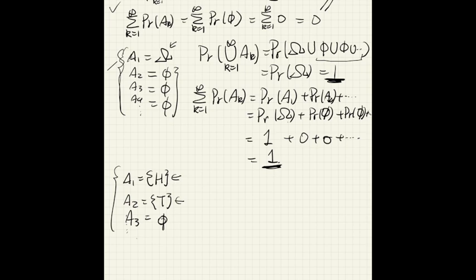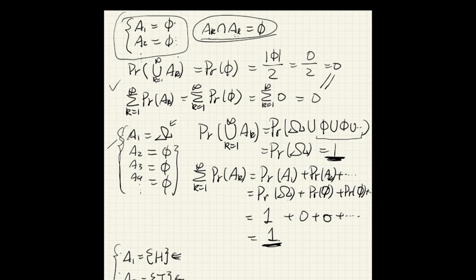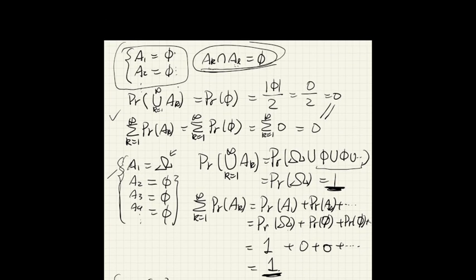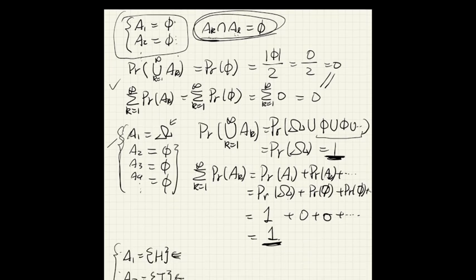Of course, A2 can be H and A1 can be T, or A5 can be H. We can swap the order, but the point is only one of these subsets is H and only one is T. Everything else must be empty. Otherwise, we cannot satisfy the condition of disjointness.